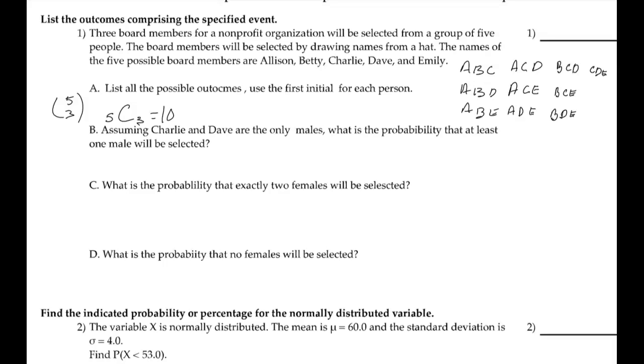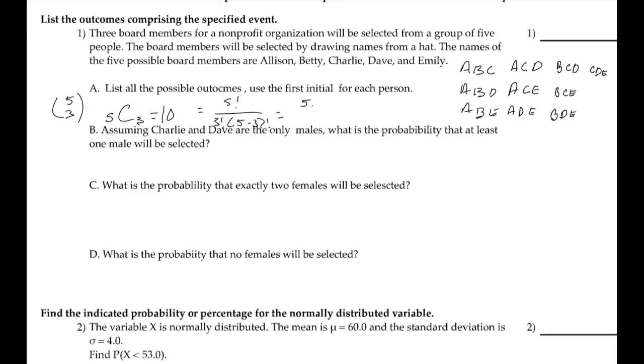If you're using your formula sheet, it is a factorial, and it is n, which is 5 factorial, over x, which is the amount we want, 3 factorial, times n minus x. The difference between 5 and 3 is 2. So what are factorials?